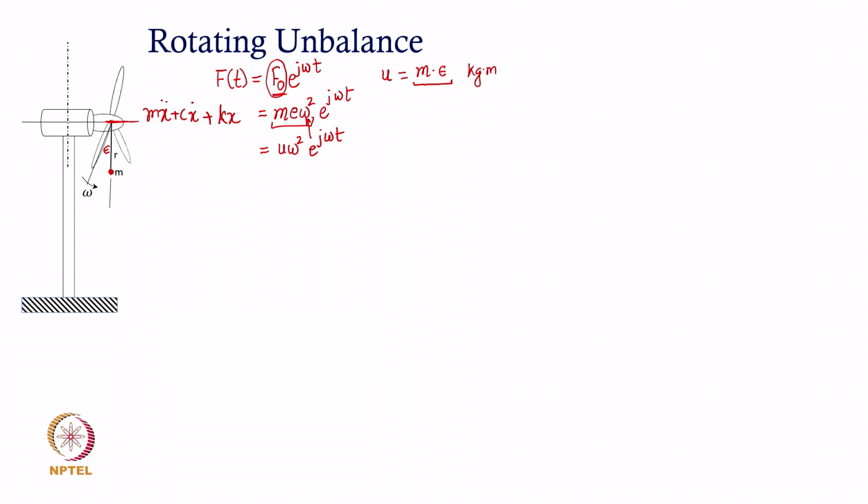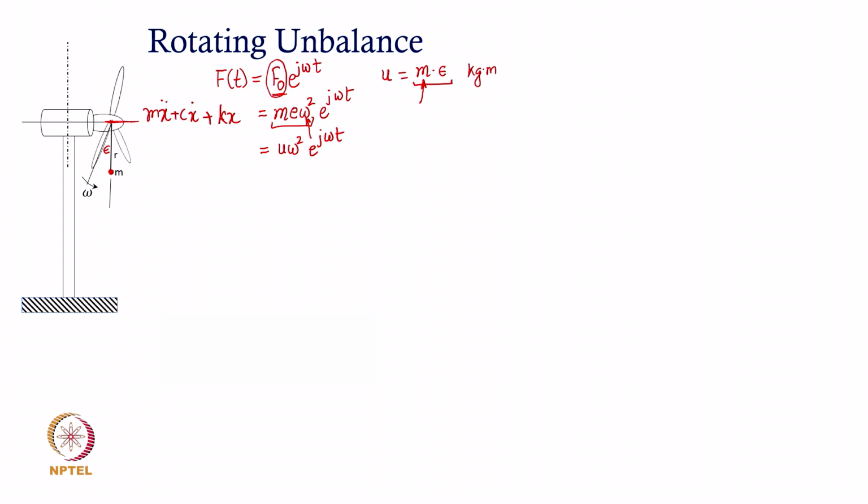Now, here you must be very careful in understanding that this mass is the mass which is offset from the center of rotation, and epsilon is the location of that offset mass with respect to the axis of rotation. Usually it gets a bit misinterpreted as the mass of the system. So, let us be clear that this mass can be any value, not necessarily the mass of the system.